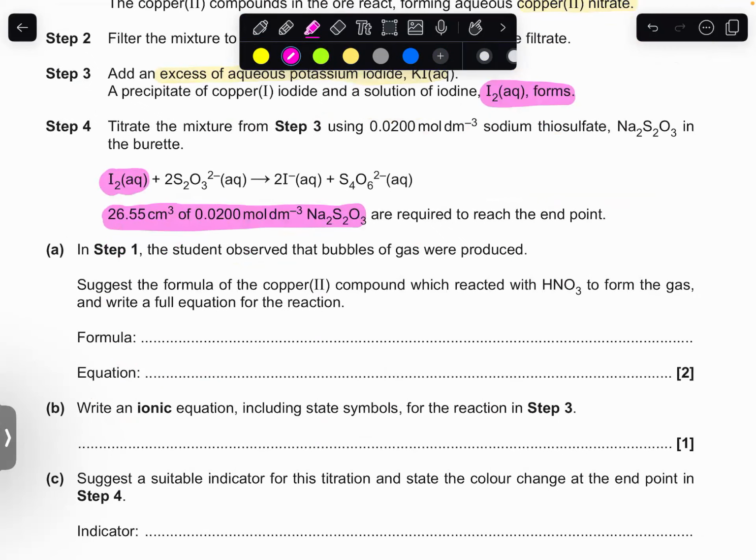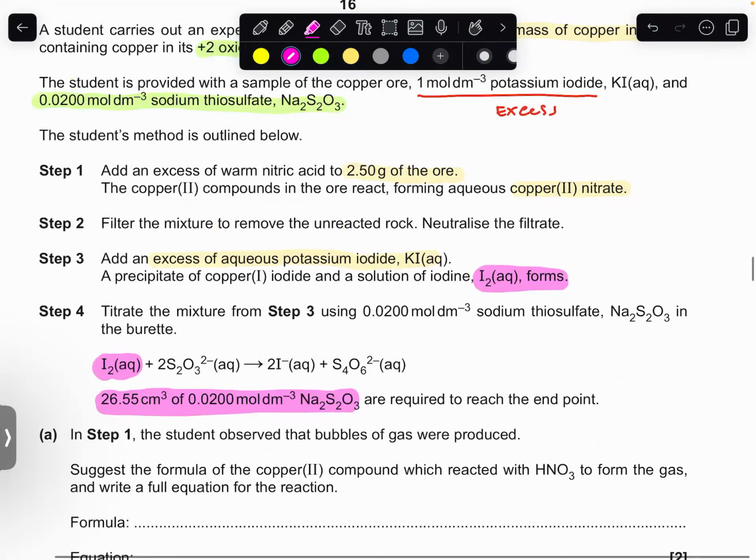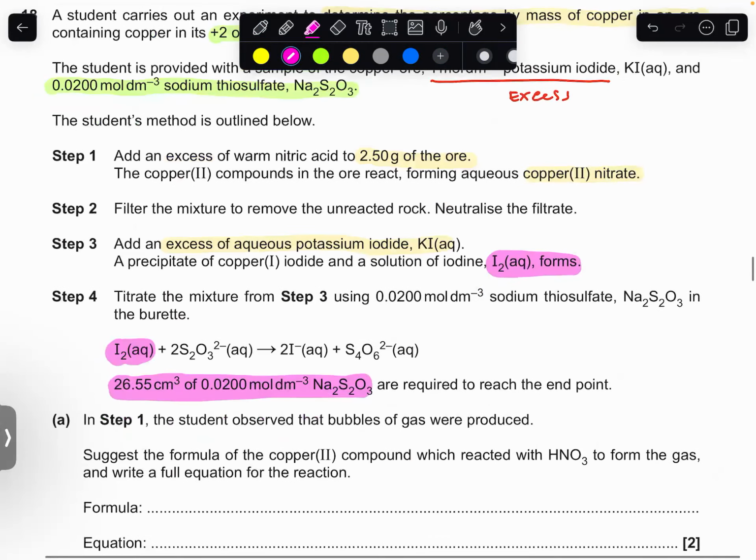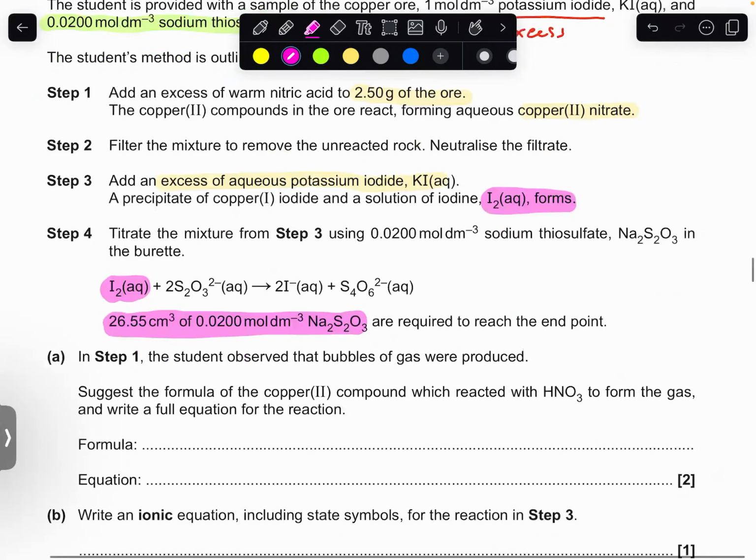Suggest the formula of the copper-2 compound which reacted with nitric acid to form the gas, and write a full equation. The student observed that bubbles of gas were produced.